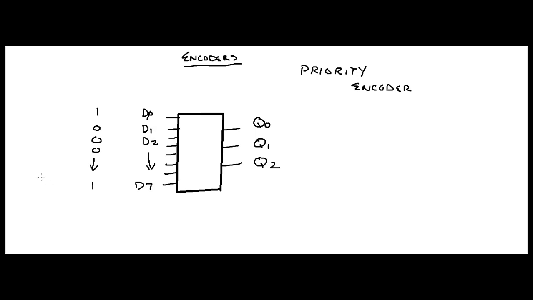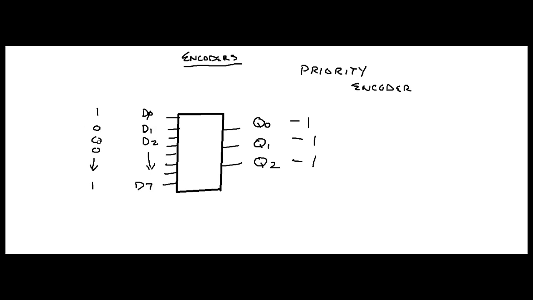What we're saying, based on this encoder, is that the higher the number, the higher the priority. Got it? So in this case, D7 would have priority over D0 because it's higher, right? It's a larger number. So in that case, this would output 1, 1, 1. Get it? Now you could have multiple inputs active, for example.